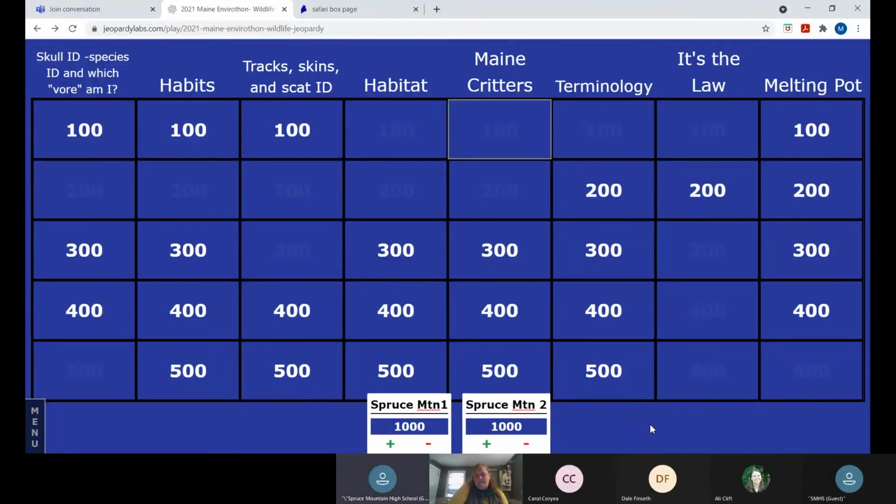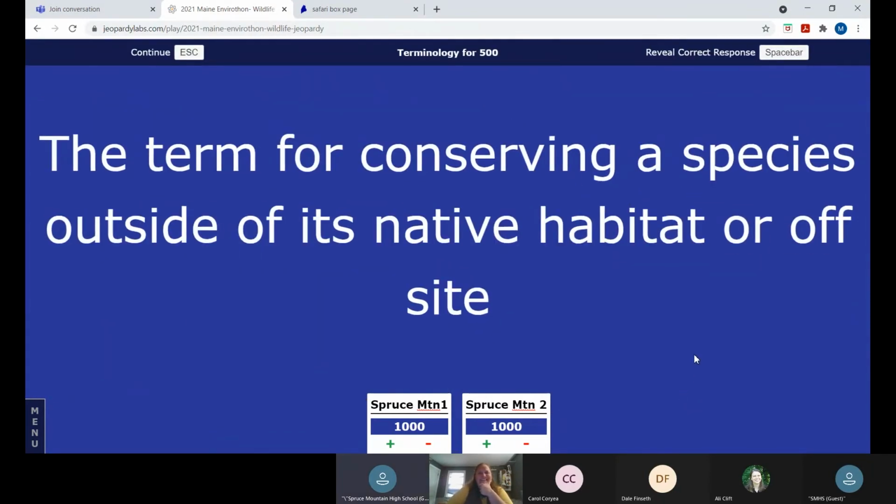Let's go back. Terminology for 500. So this is a tricky one. So what is the term for conserving a species outside of its native habitat, or also considered off-site conservation?